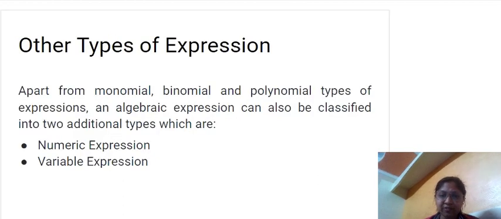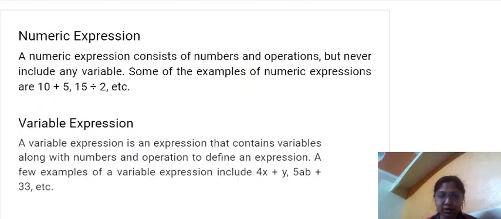Now there are other types of expression also other than monomial, binomial and polynomial expressions. The other two are numeric expression and variable expression. So let's discuss one by one what a numerical expression is and what a variable expression is.